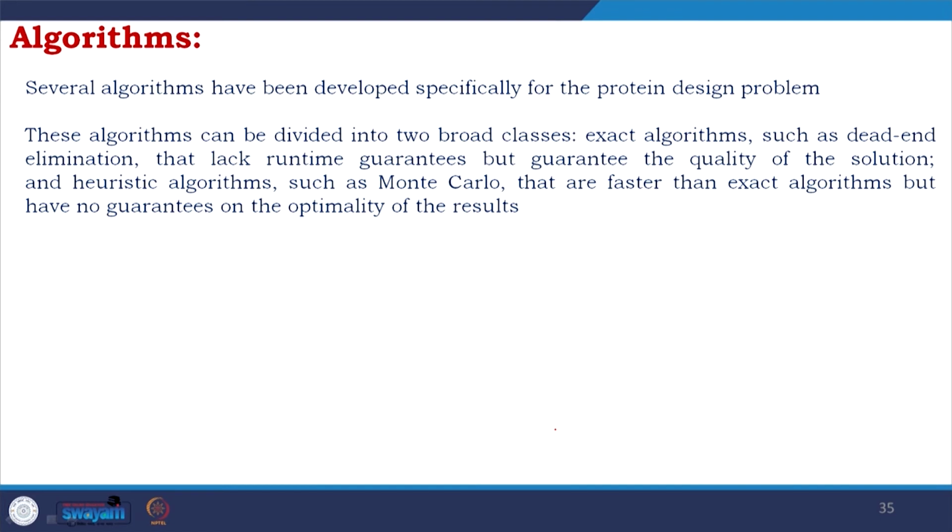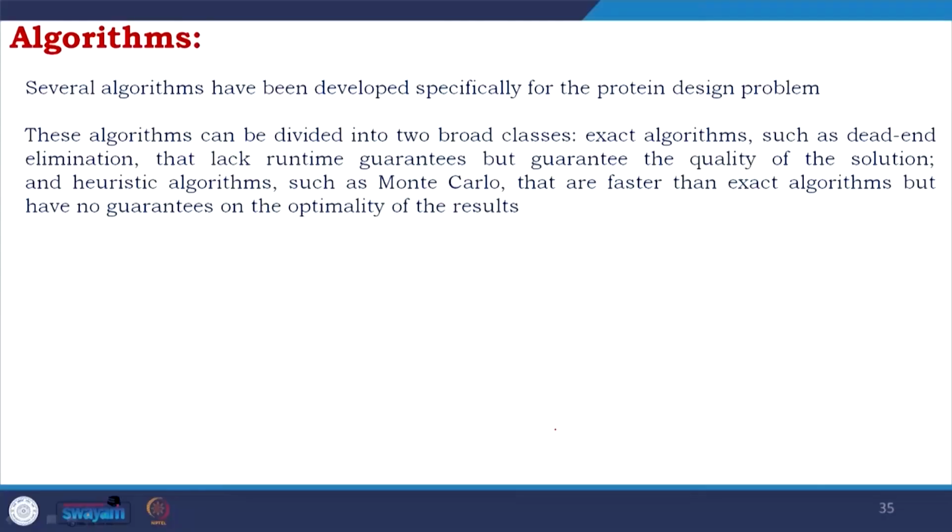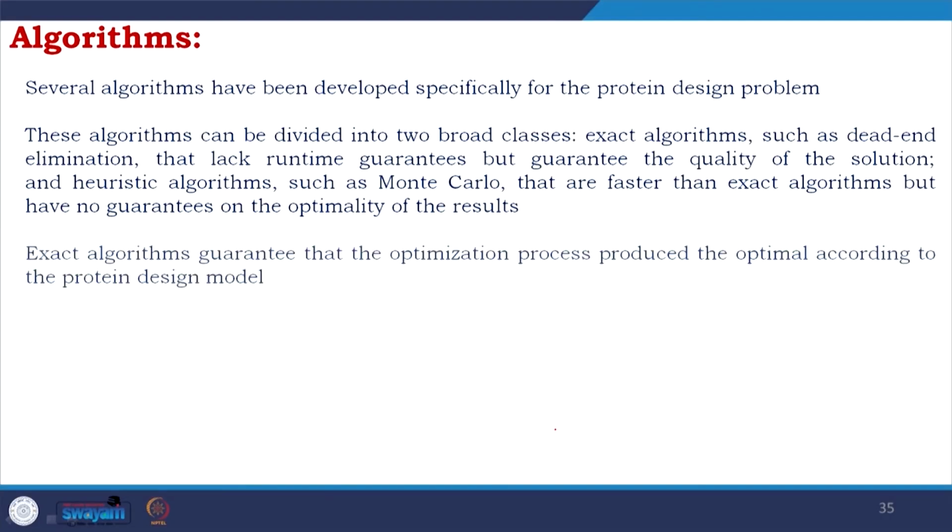So, 2 types of algorithms: exact algorithms take a lot of time but give you an accurate result, and heuristic algorithms such as Monte Carlo are time saving but do not guarantee optimization.